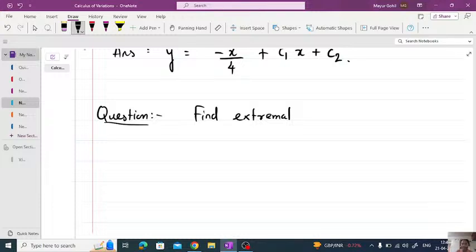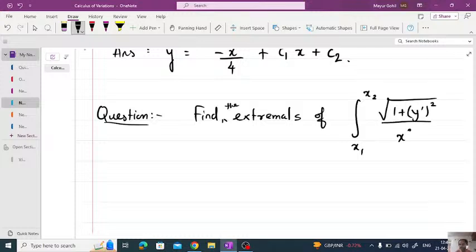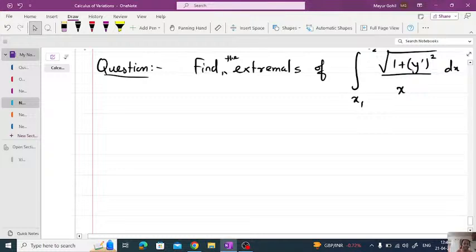So find the extremals of the integral from x1 to x2 of square root of 1 plus y dash the whole square, divided by x. Initially we'll take x, then later on we will see. Okay. So here in this case, how to handle this kind of question, let us see.